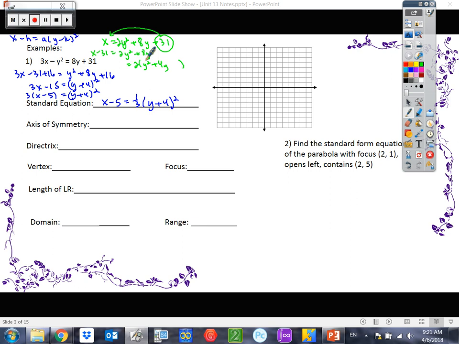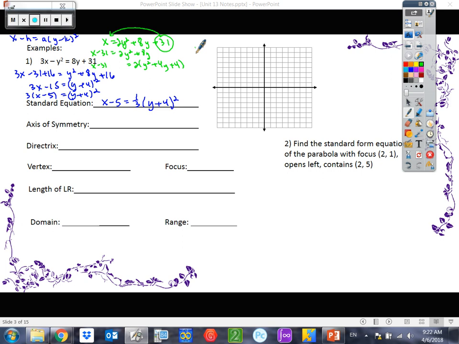Okay, so we have the x minus 31 over here. All right, so we do our procedure. We half b, so half of 4 is 2. 2 squared is 4, so I add 4, but pause. Did I really just add 4 over there? I didn't, did I? Didn't I add 8?